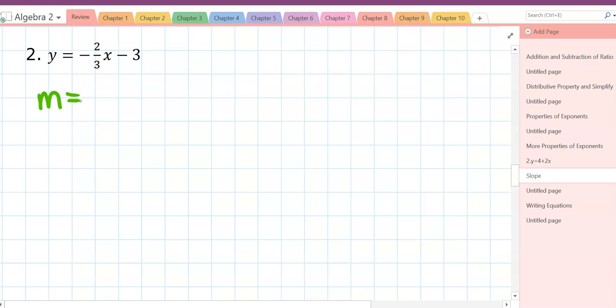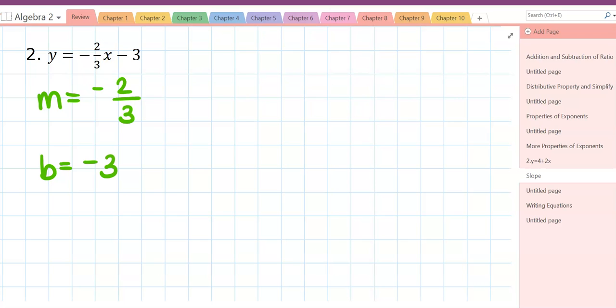What number in this equation is the slope? Good, negative 2/3. So that means b is going to be what? Good, negative 3. Make sure that you take the negative with it, because it's minus 3. So that sign goes with the number. If it's negative, you have to pull that.